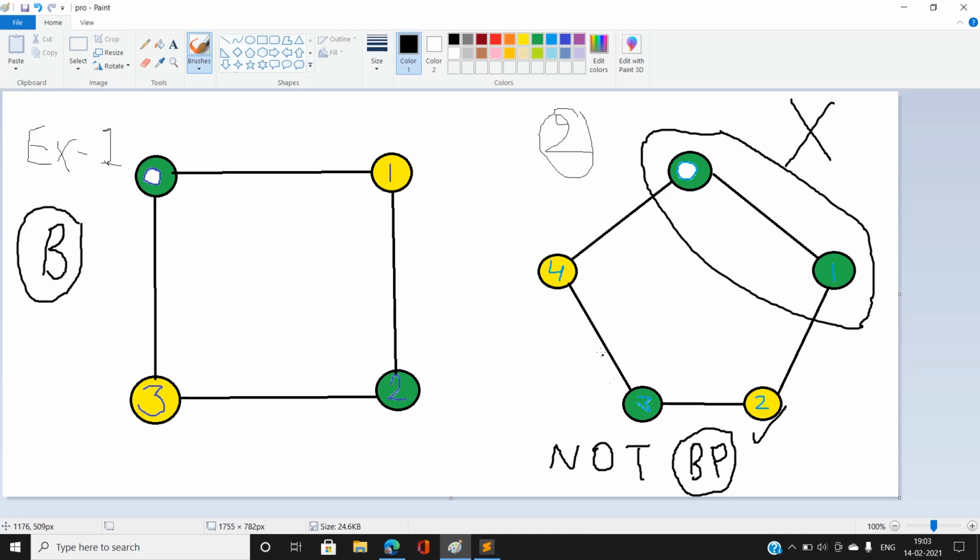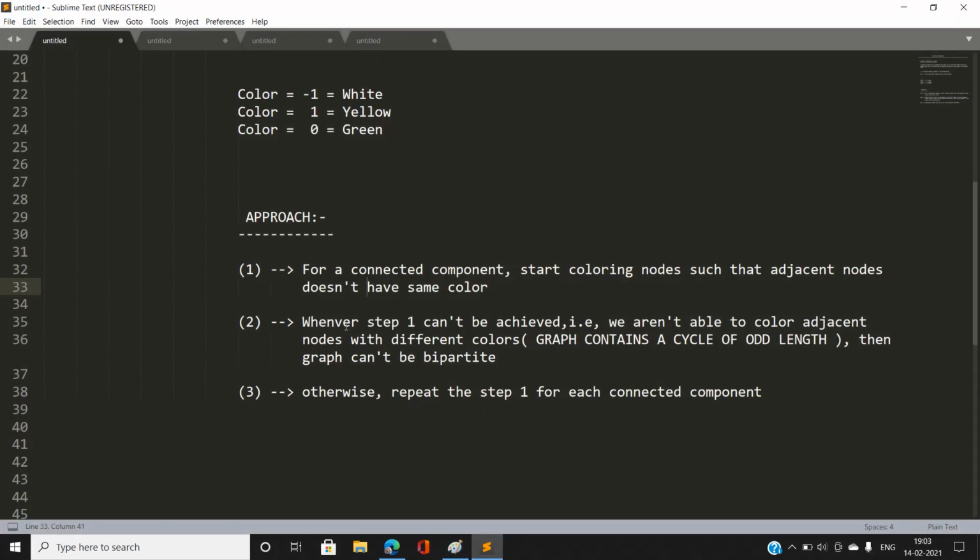So repeat step 1. If step 1 can't be achieved, we aren't able to color adjacent nodes with different colors, that is, the graph contains a cycle of odd length, then the graph can't be a bipartite.